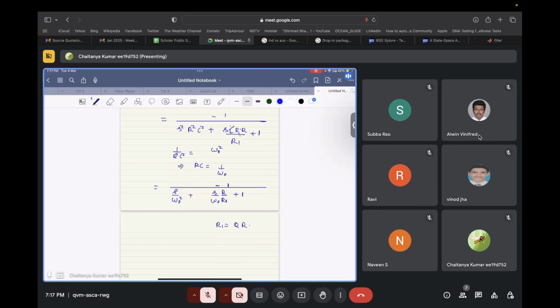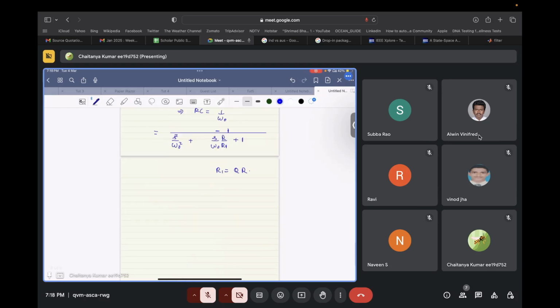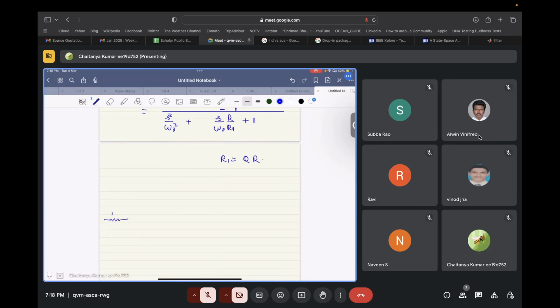So if we redraw the circuit, what we get? We get R over here. This is grounded. So this was R1 and R1 becomes Q times R. This is C. Then we have this as R, R. This is R again.